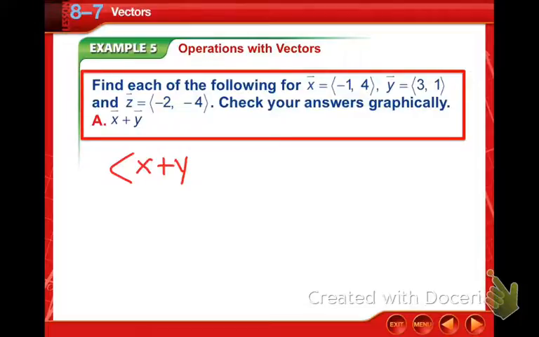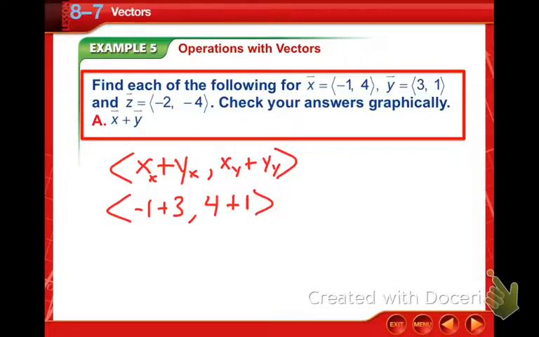Really this is kind of confusing, but the xx and the yx, and then the xy plus the yy. The reason I did that, to give the subscripts, is that the x value for the x vector, and then the x value for the y vector, the y value for the x vector, and the y value for the y vector. A little confusing, but basically what we're going to do is go -1 plus 3 and 4 plus 1.